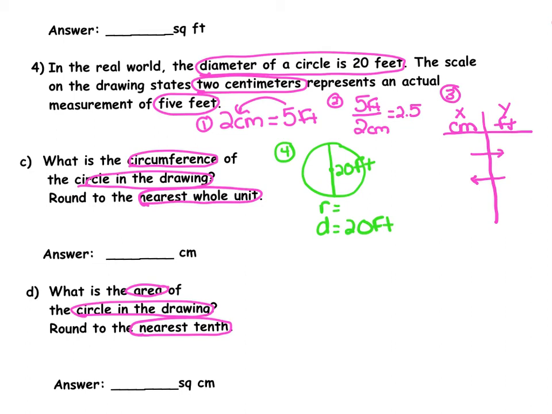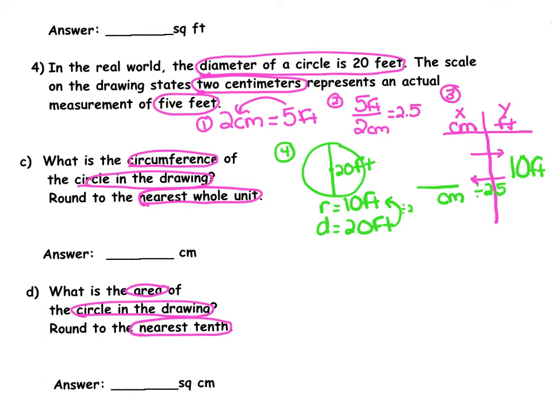Under your circle, write little r and little d. We know that we need to cut that diameter in half, divide by 2. It gives us an actual radius of 10 feet. Let's convert that. We will put 10 feet in the table and now divide by 2.5 to convert it into a centimeters measurement.